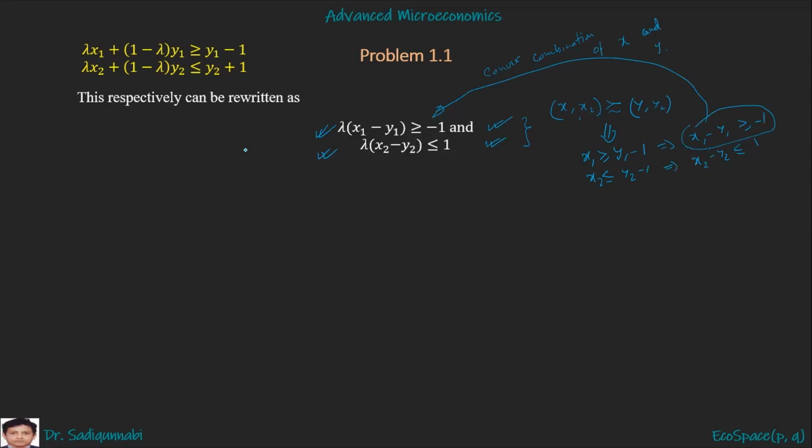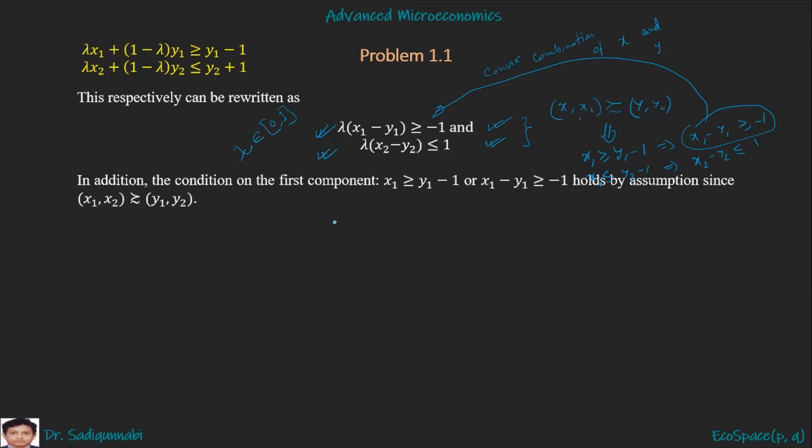Why? Because we know that lambda is in 0, 1. So we can say that convexity is applied.